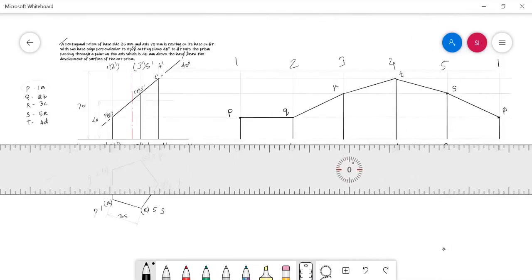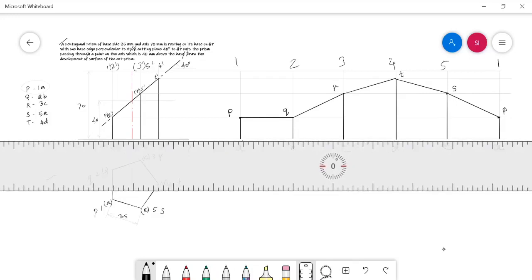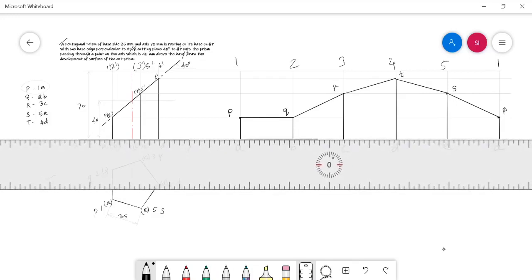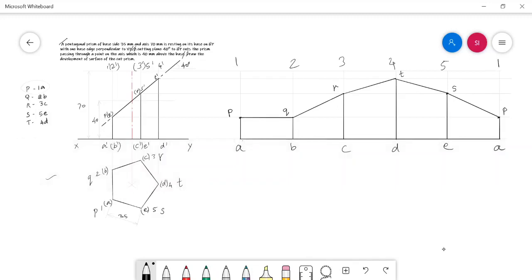And the base edges, don't forget to darken the base edges. Now the work is over. This is nothing but the development of the cut solid prism.